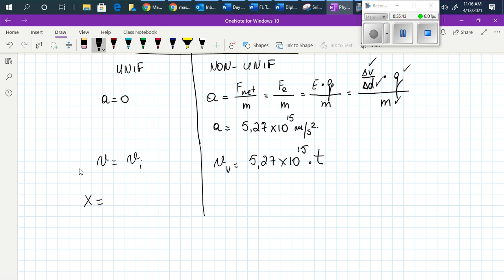And range will be the horizontal component, which is the initial velocity times time, and y will be 1 over 2 times acceleration, that is 5.27 times 10 to the power of 15 times t squared. We stop here and we say, what else do we know?